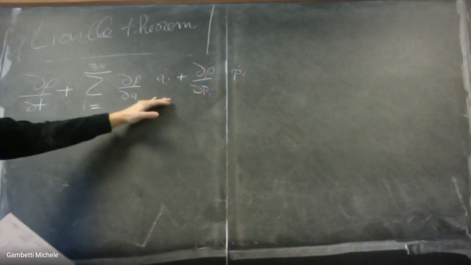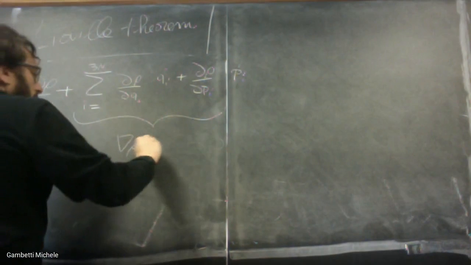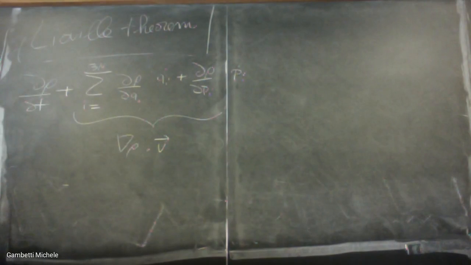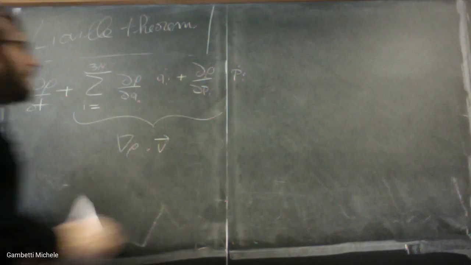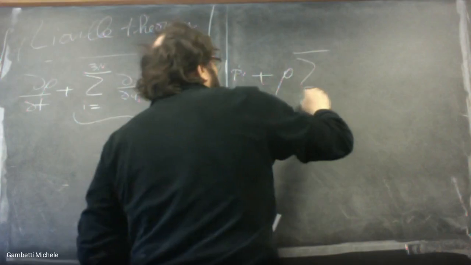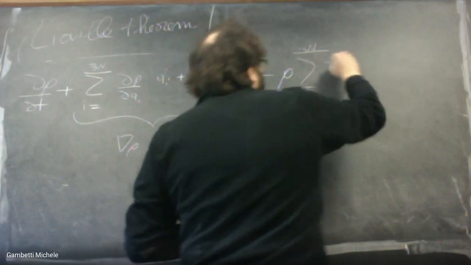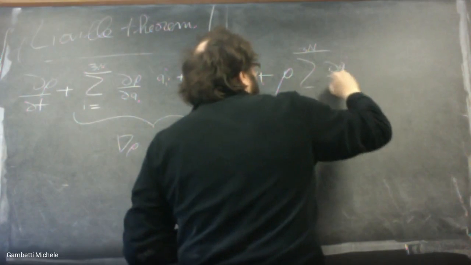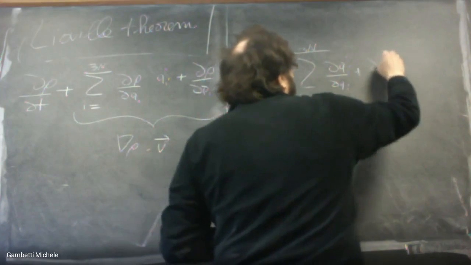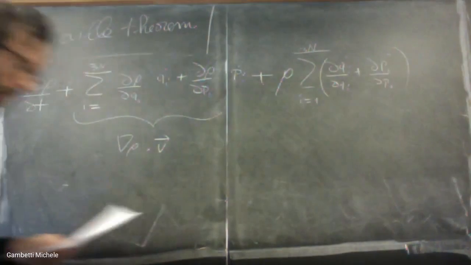So here the divergence is acting as a gradient over rho. So if you want, this is the gradient of rho scalar velocity. Okay, plus then I have rho times the divergence of the velocity, which means the sum from 1 to 3n of the derivative of qi dot with respect to qi plus the derivative of pi dot with respect to pi.